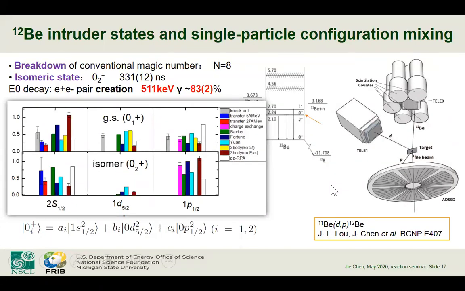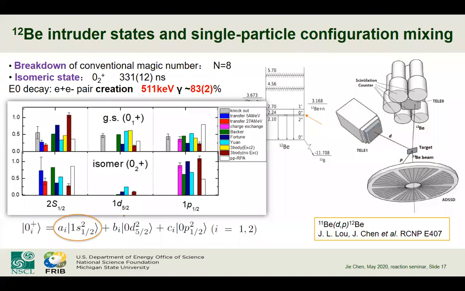So we carried out the beryllium-11 (d,p) reactions at RCNP, Osaka University, to selectively populate the s-wave component within these two 0+ states. We use the annular silicon detector at the backward angle to detect the protons from the (d,p) reaction. And we use the zero-degree telescope to detect and identify the beryllium isotopes as a coincidence method.